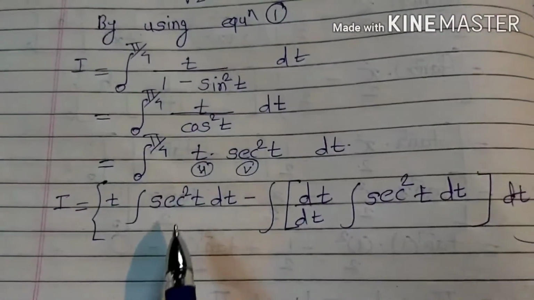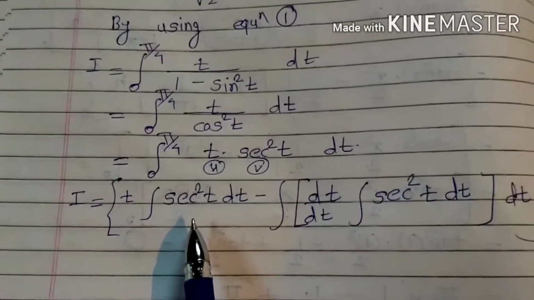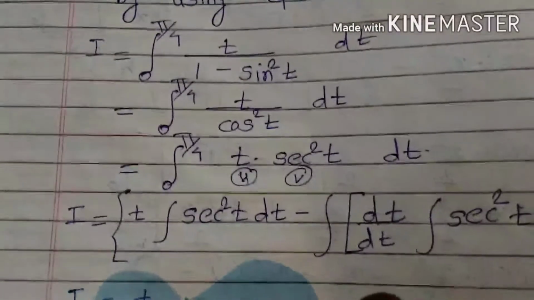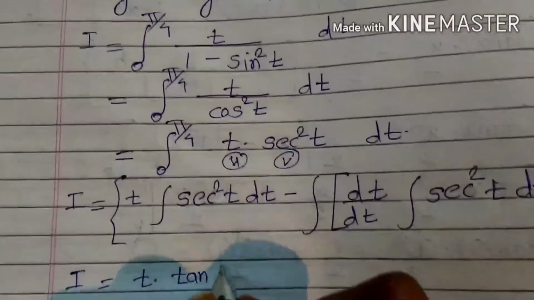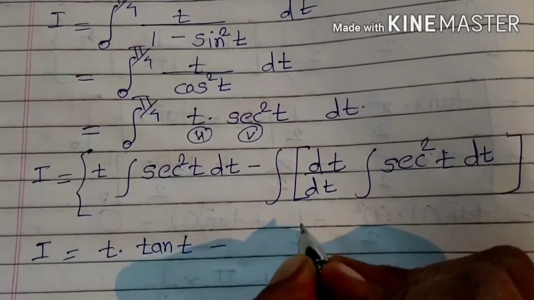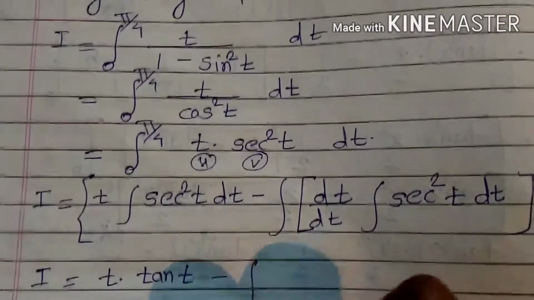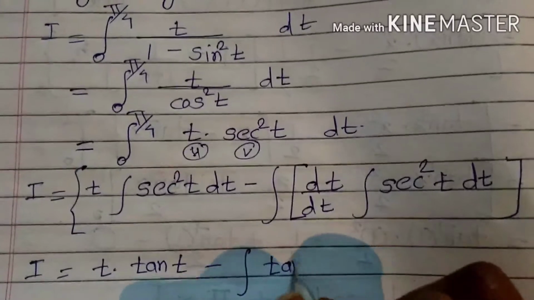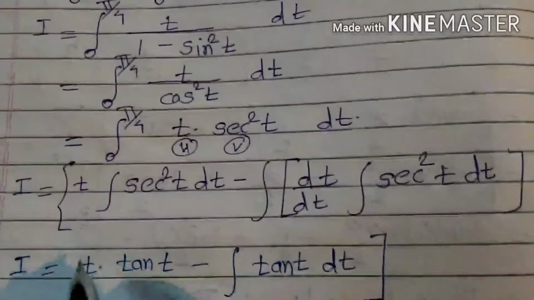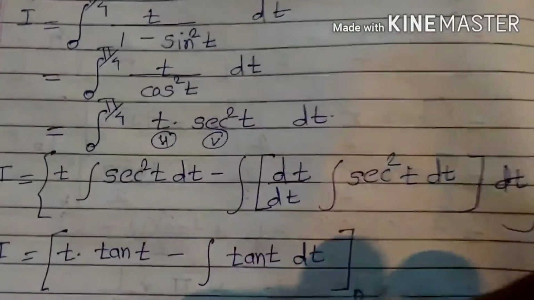Now we know that integration of sec square t is tan t. So write here I is equal to t into tan t minus integration of dt upon dt, so it is 1, and here only write tan t dt, 0 to pi by 4.